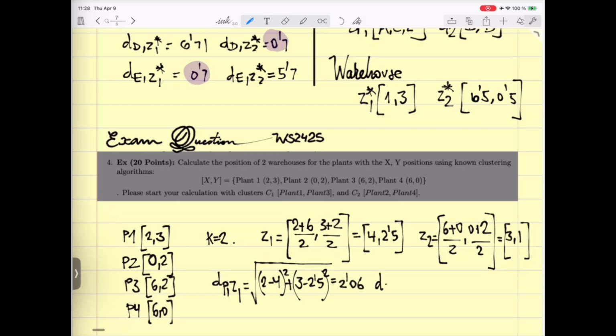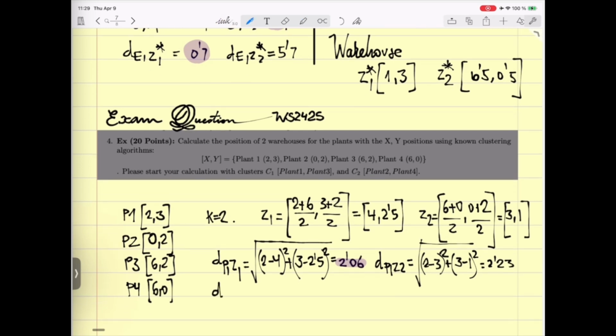The distance between plant 1 and Z2 is the square root of 2 minus 3 squared plus 3 minus 1 squared. So this is 1 plus 4 is 5, square root equals 2.23. So the first point belongs to group 1.